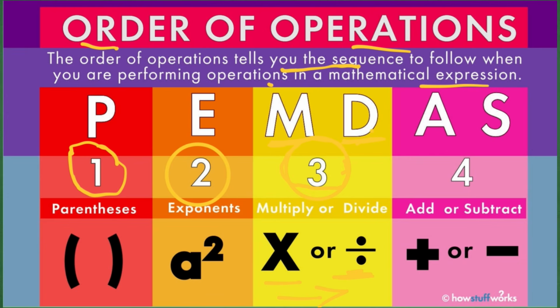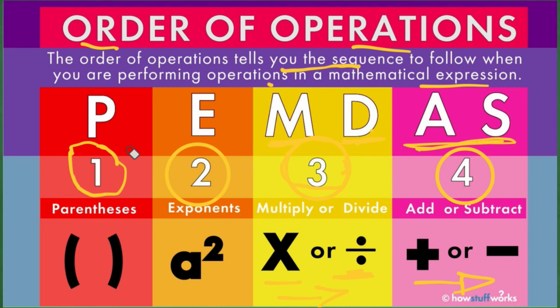The last priority is addition and subtraction. These are on the fourth priority, and they are solved last. Again, when we deal with these kinds of problems, we solve from left to right. So that is the idea. Now, for a quick summary, I am going to summarize this for you. You need to remember the acronym PEMDAS, right?